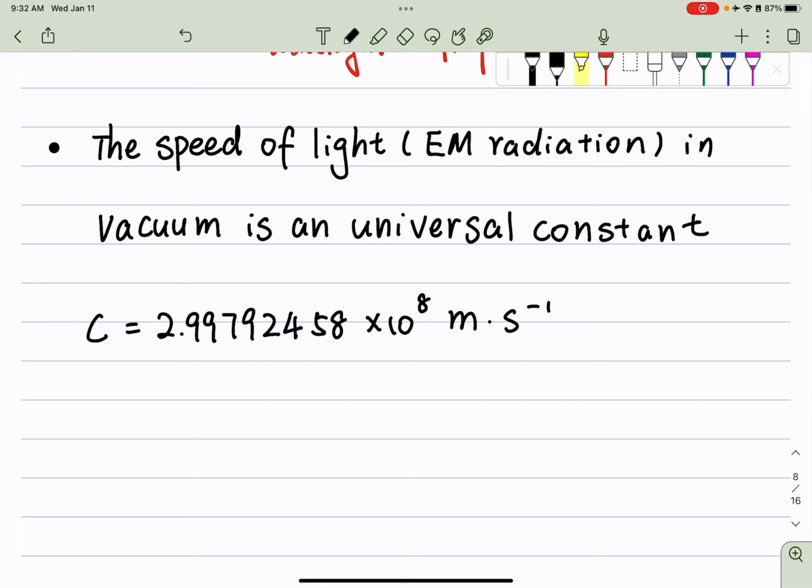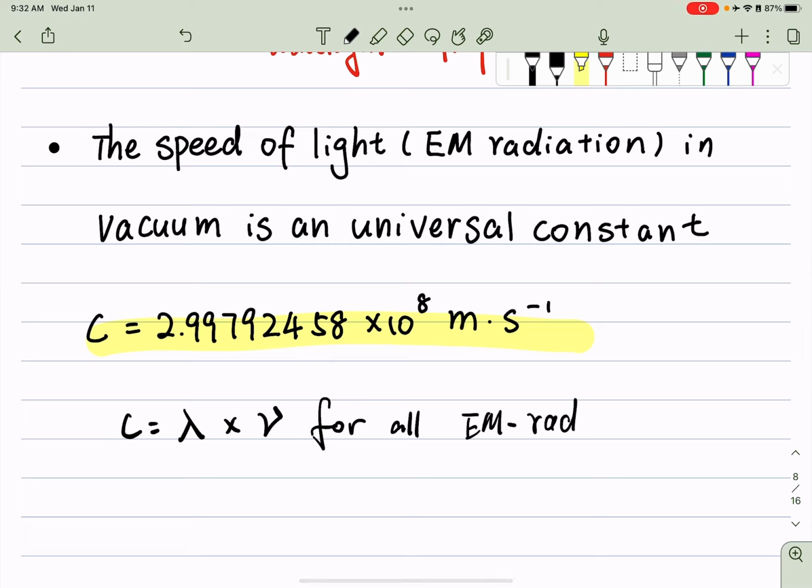By constant, it remains the same. So what that means is that c equals lambda times nu for all EM radiation, or just light. Sometimes I'll use light and EM radiation interchangeably.